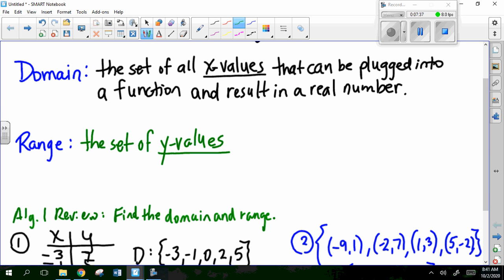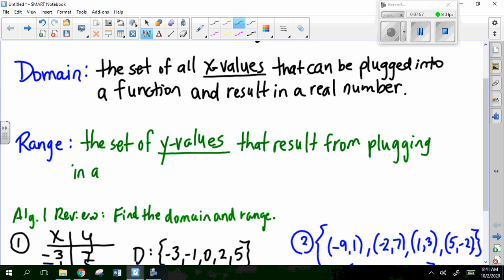So the range is the set of all y values that result, that you get from plugging in all possible x values in the domain.